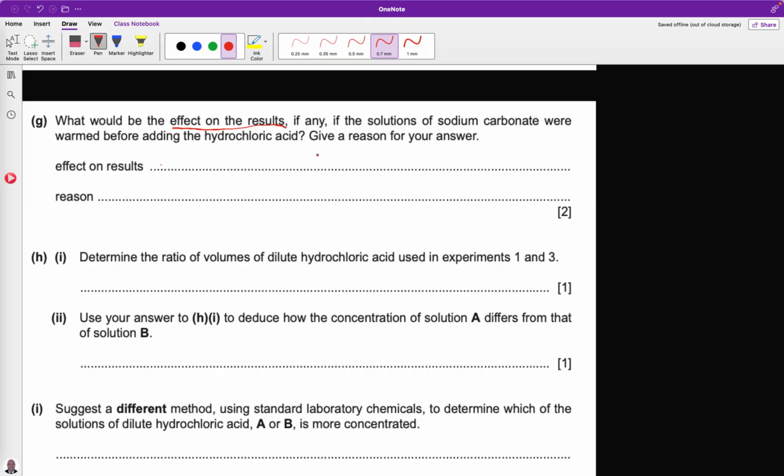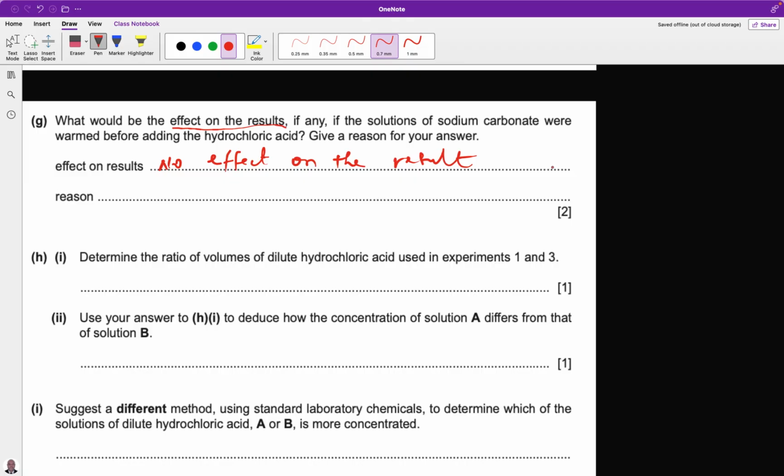No effect on the result will be noticed.